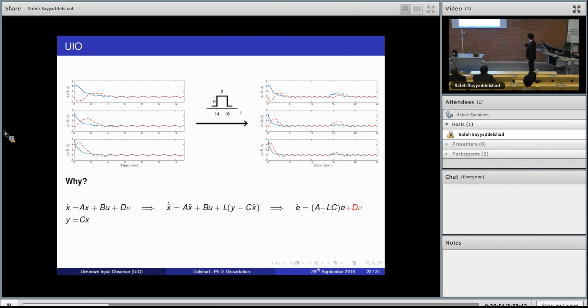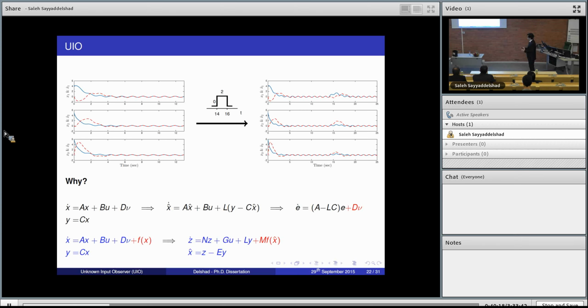For the nonlinear case, it's also the same story. But here is the observer, or this developed structure for the observer. And you see that I made the blue color for the linear case, and the red one, blue plus red, for the nonlinear case. So here's the structure.